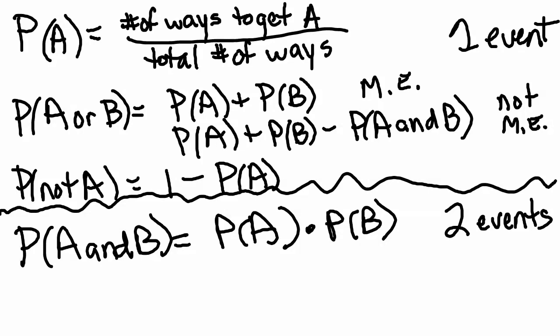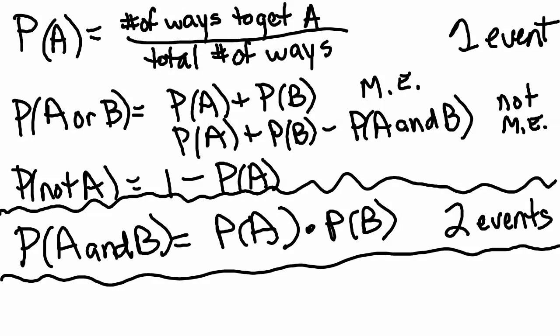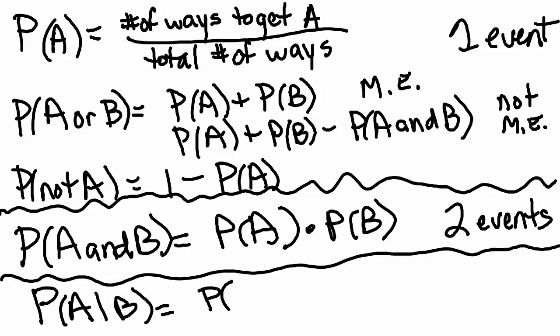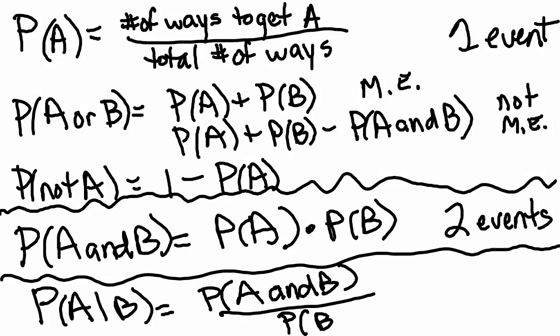And then conditional probability is the other one. Probability of A given B is the probability of A and B both over the probability of B. And I think that's the definition of independent, I guess.